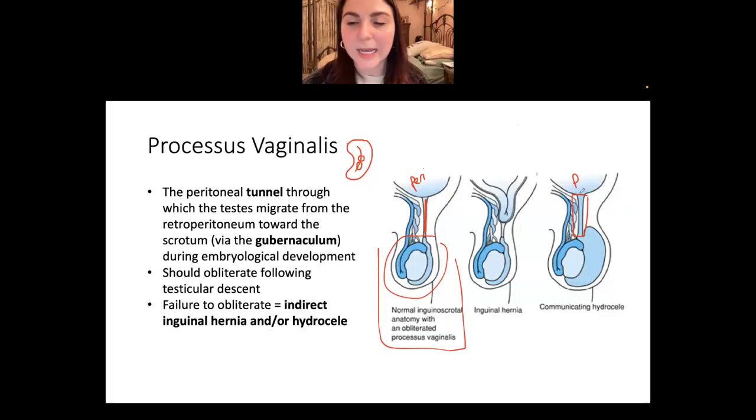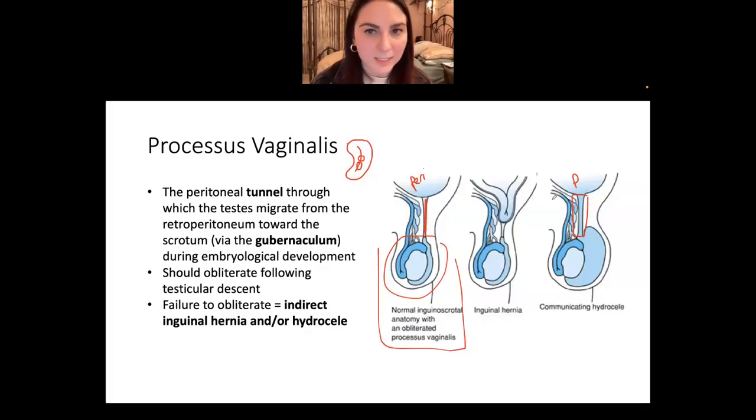So if you get peritoneal fluid, even just water, it can now go into the scrotal sac, and you'll get increased size of your scrotal sac. That's called a hydrocele, which we'll talk about.